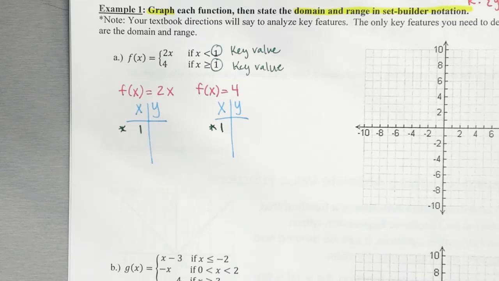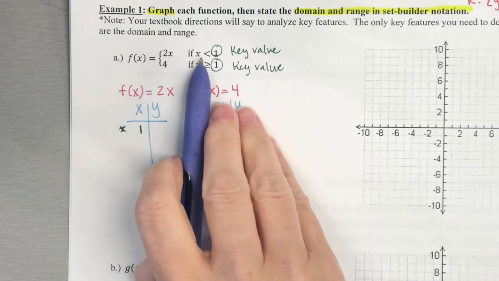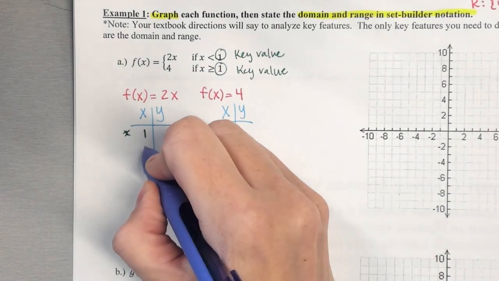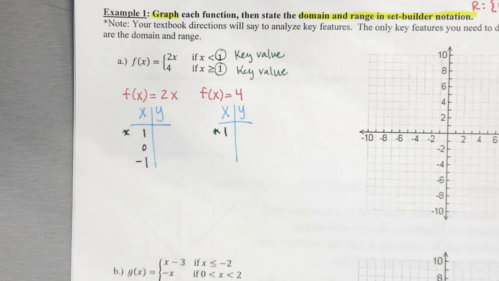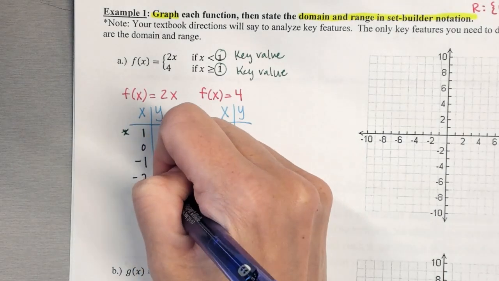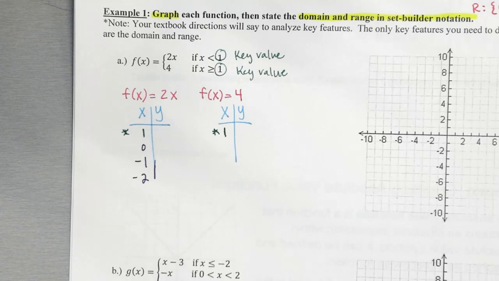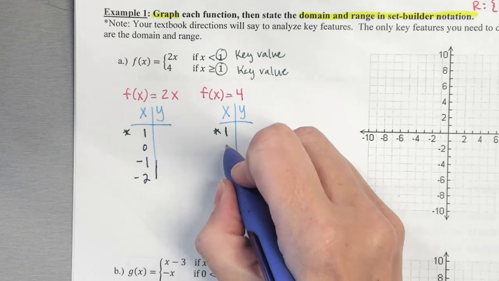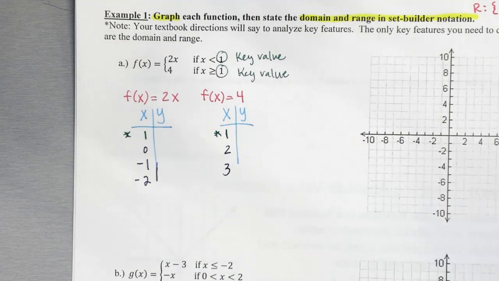And then from there, you can just pick values in the interval. So if it says x is less than 1, numbers less than 1 are 0, -1, and then you could keep going if you wanted to. Okay, or you could just use your pattern. And then these are values that are greater than 1, so you can just do 1, 2, 3.